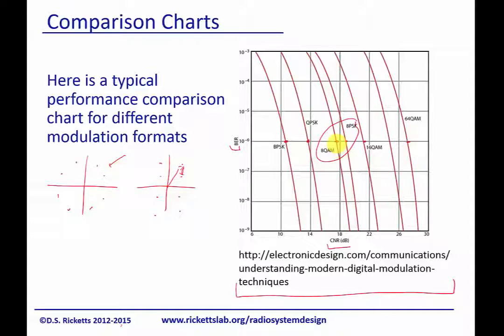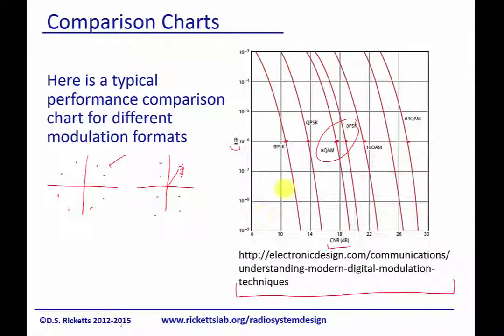And so that's why we can see that QAM can have a slightly lower carrier power and get the same spectral efficiency.